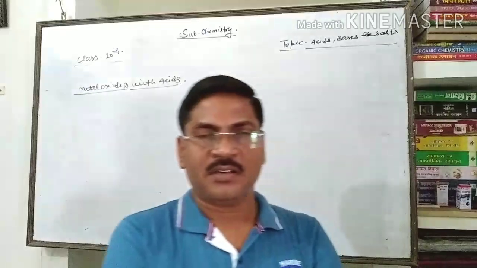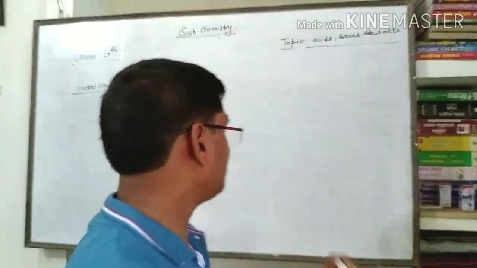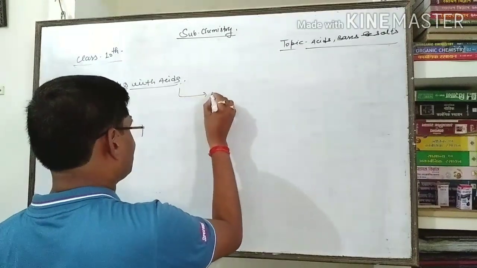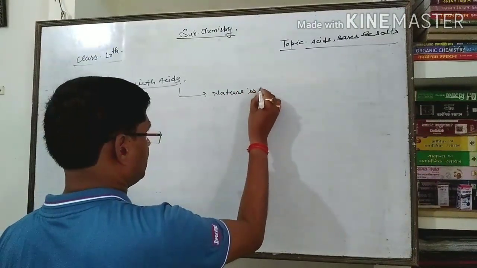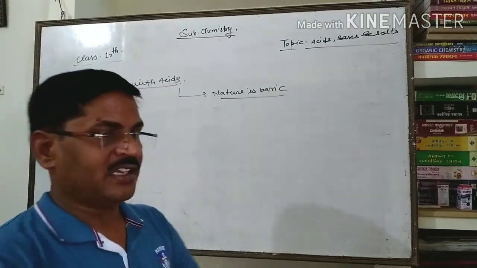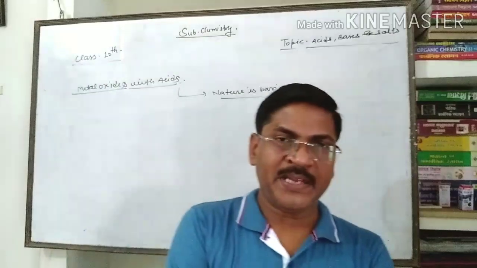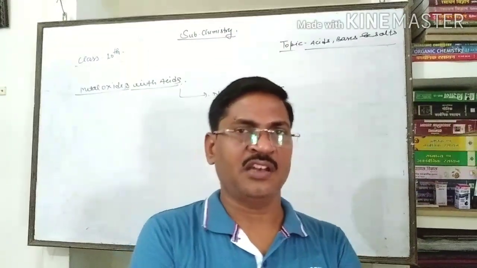All of you have to remember metal oxides have basic nature. Which type of nature? Basic nature. It means that when these basic oxides react with acids, then they give salt.